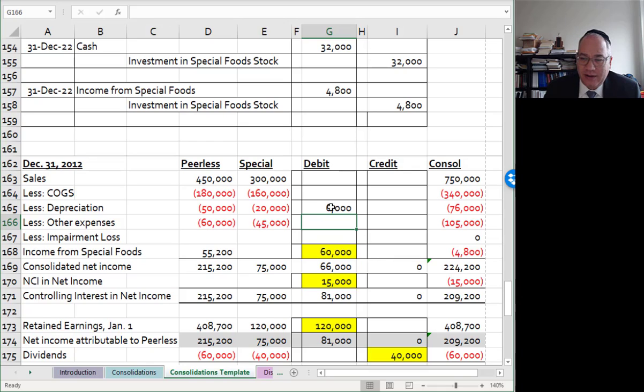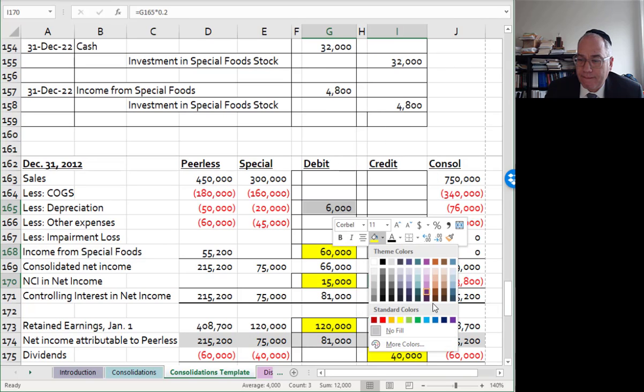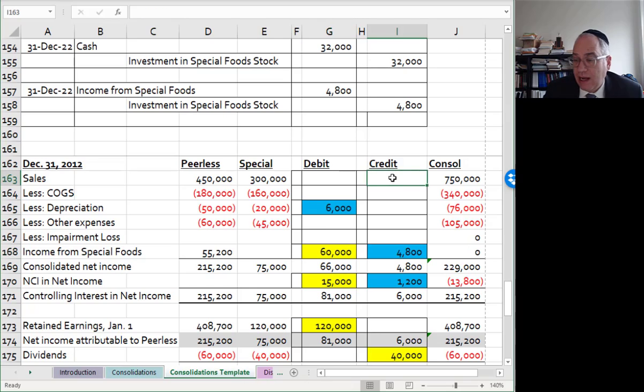That would be crazy. So you debit depreciation for $6,000, and then you credit income from Special Foods for 80% of that, and you credit the non-controlling interest in net income for 20% of that. And that's all you need to do there.